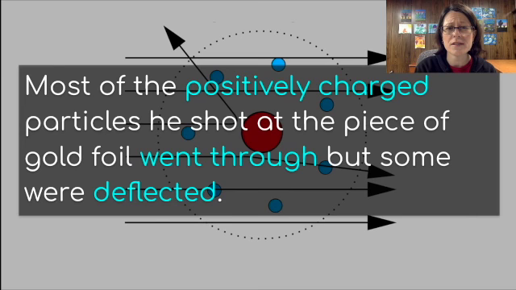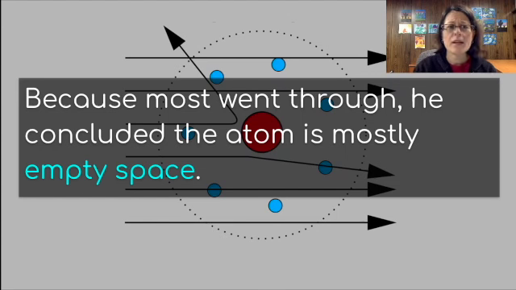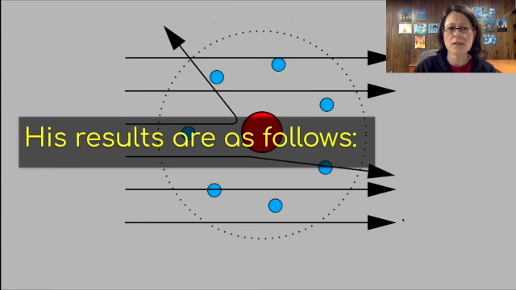So that's what the picture in the background is depicting. Because most of them went through, he concluded the atom is mostly empty space. And we can see here these arrows, most are going through. There's one being deflected.